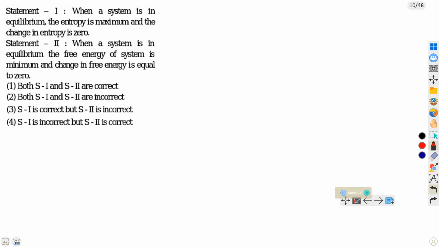Statement 1: When a system is in equilibrium, the entropy is maximum and the change in entropy is zero. This statement is correct. How?